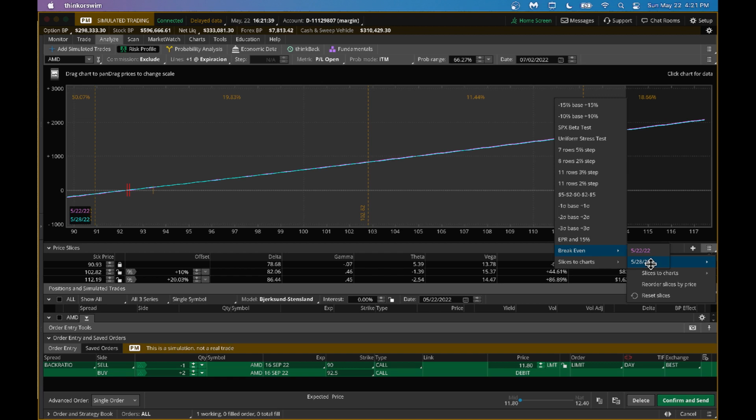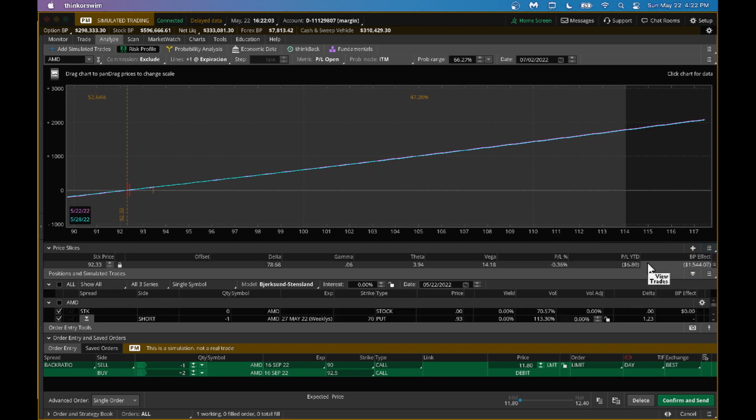I think that's the expiration date here. I would set the slice right here. So actually my expiration date is September 16, 2022. All right, looks like it gives me two dates here. I will choose this one here, which is 16 September.